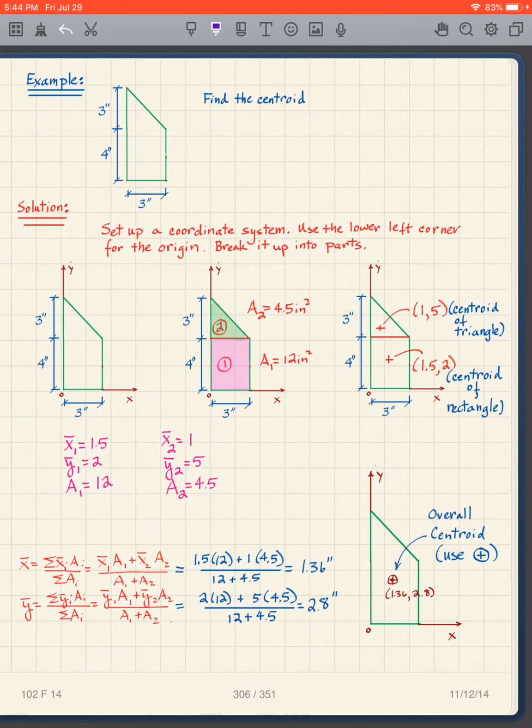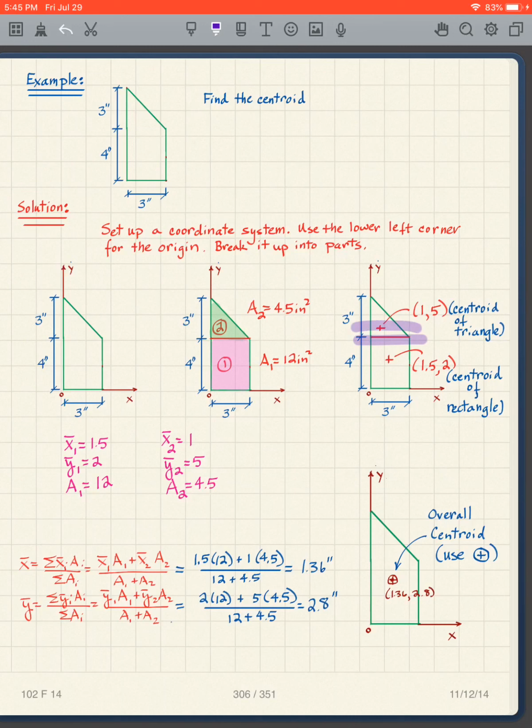I know the centroid of a rectangle is at the center of the rectangle. The center of the rectangle, in this case, is 1.5, 2, because the sides are 3 and 4, and I've set my origin here in the lower left corner. I also know where the centroid of the triangle is. I use the 1/3, 2/3 rule.